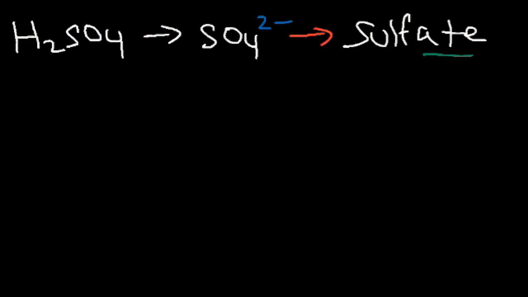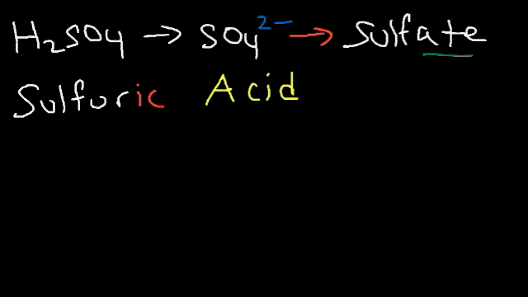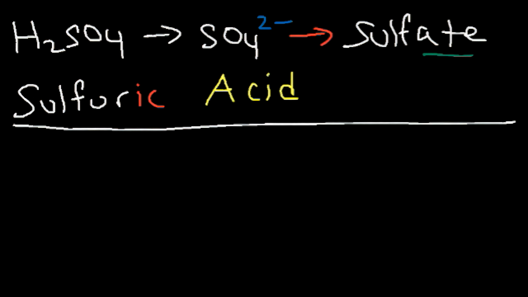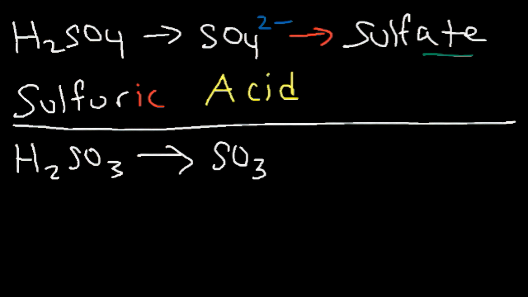So to write the name of the acid, write the element first, which is sulfur, and then add the suffix ic, and then add the word acid. So this is called sulfuric acid. Not bad, right? Now let's say we want to name H2SO3. So notice that it contains the polyatomic ion sulfite.